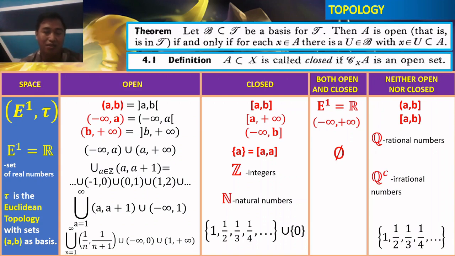Our b there is not included. So its complement is from negative infinity to b, and then we use brackets since we should include letter b there, or the number b. Where our a and b here are any real numbers, and where a is less than b.